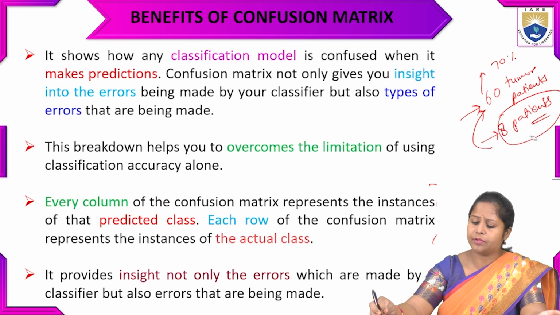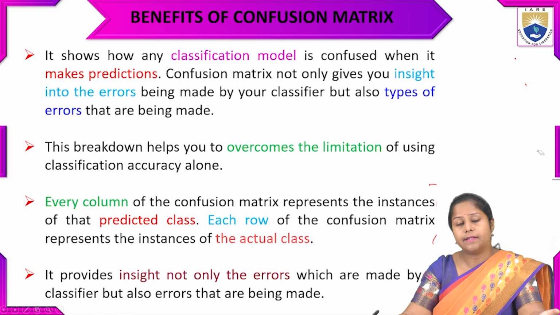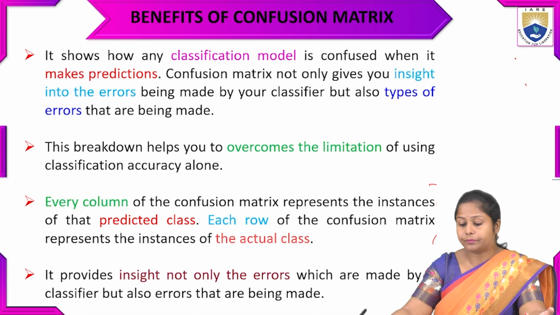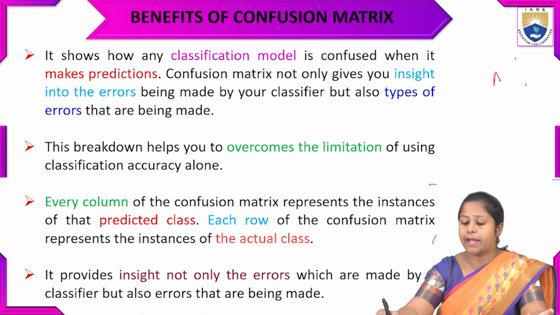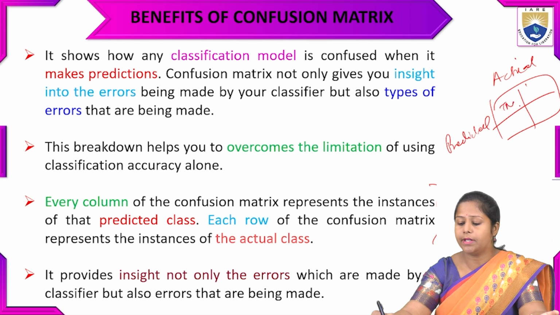Every column of the confusion matrix represents the instances of a predicted class. On the 2 by 2 matrix we have seen the actual class and the predicted class, with true negative, true positive, false negative and false positive.